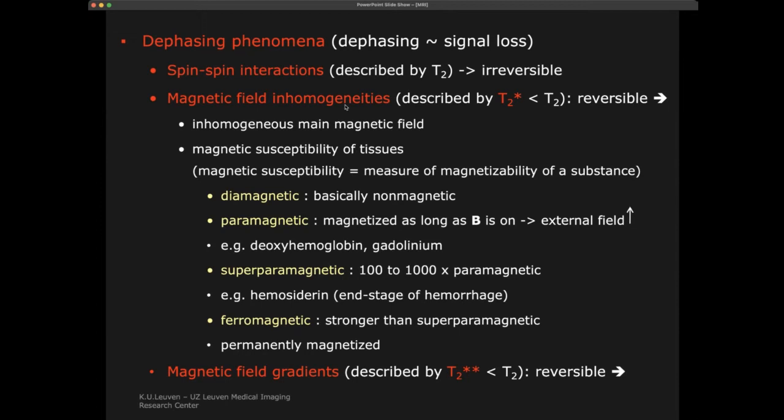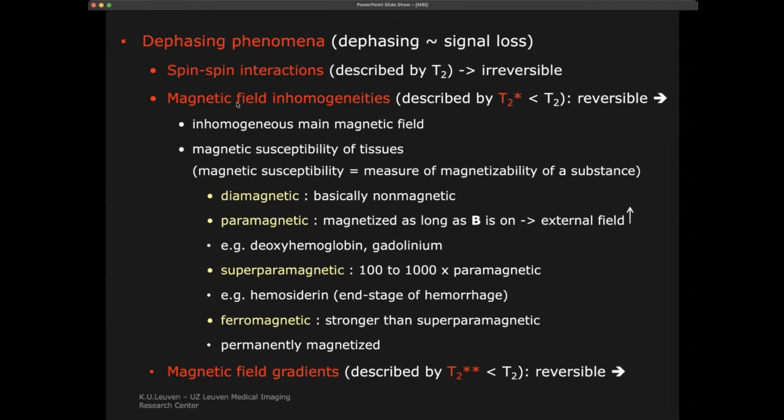For example, there might be some iron available or things like that. These magnetic field inhomogeneities, which are not because of the local small molecular differences, but because we don't have an ideal magnetic field, will of course also induce this dephasing, exactly in the same way as T2, but we call this T2 star.